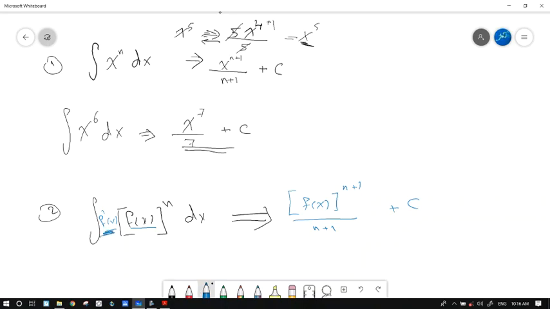So for example, if I have integration of 2x plus 5 whole power 3, and here is 2 dx. The base here is a whole expression, 2x plus 5.